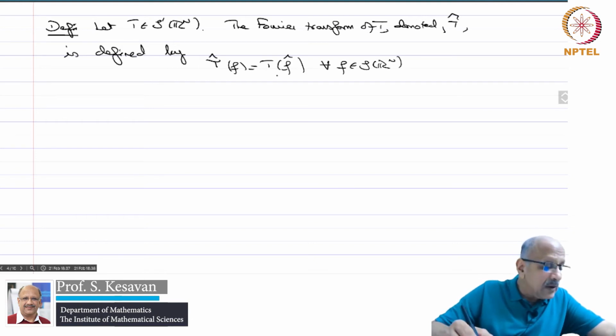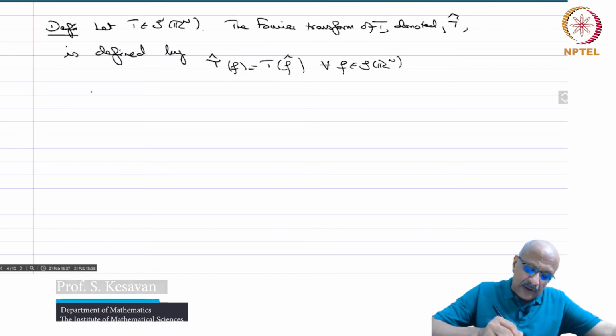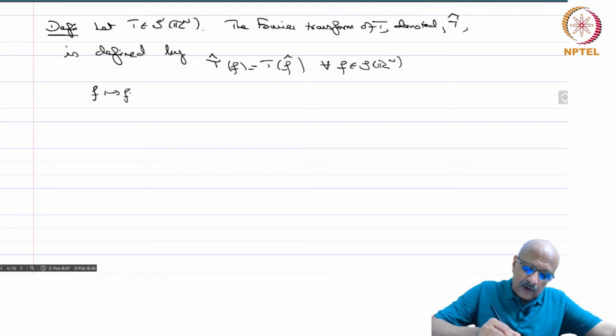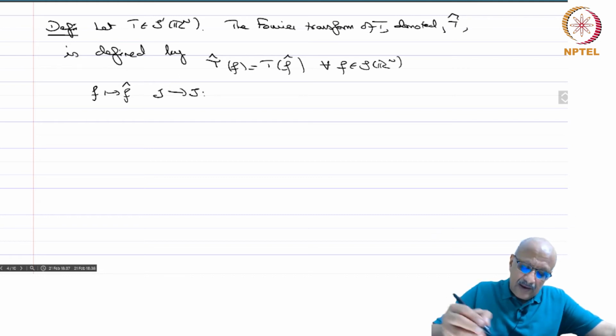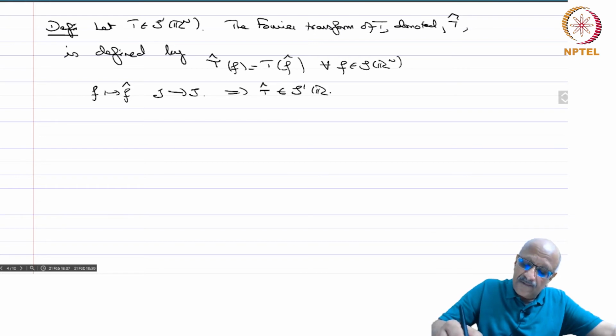So this definitely makes sense, and we know that f going to f hat is continuous from S to S, and therefore if f_n goes to 0 in S, f hat n will also go to 0, and therefore T of f hat n will go to 0. So this implies that T hat belongs to S'(R^n).